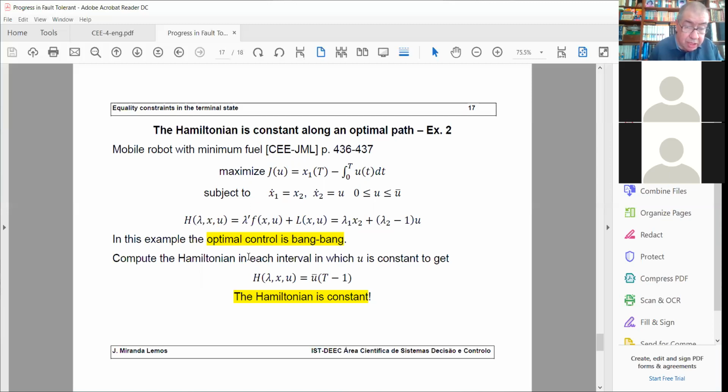You have two intervals, one before the switch of u, and the other after the switch. Remember that u switches from the maximum value to zero. And in each of these intervals, u takes this value along an optimal trajectory. So it's u bar times t minus 1. So the Hamiltonian is also constant. Although we have not proved this in the general case, in this case it's very simple to prove.